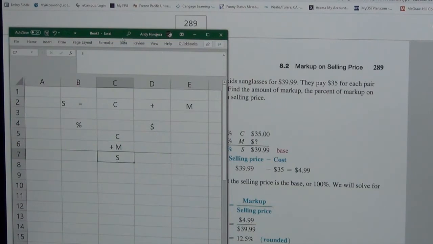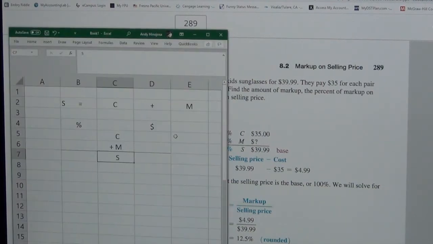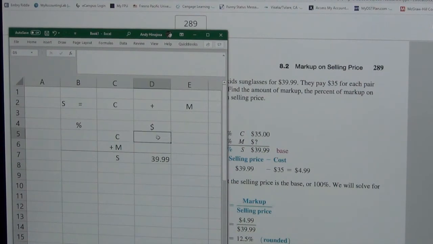What do we have in this problem? REI sells one model of kids' glasses for $39.99. So we know the selling price. They pay $35 for each pair and calculate the markup on selling price. So $35 is the cost.